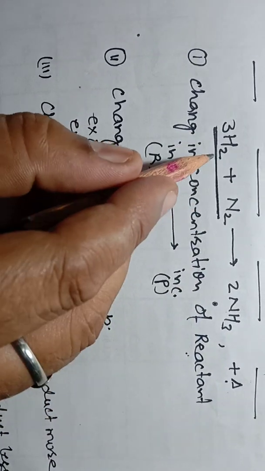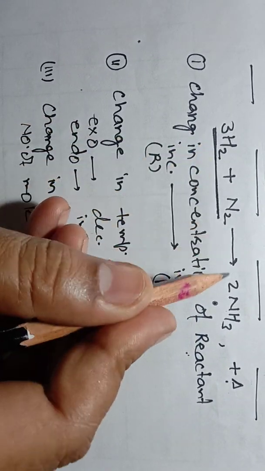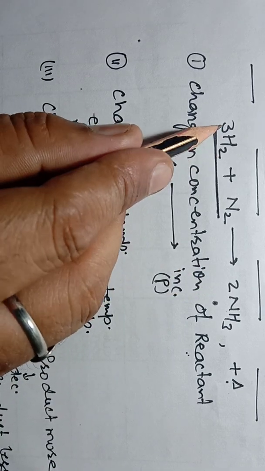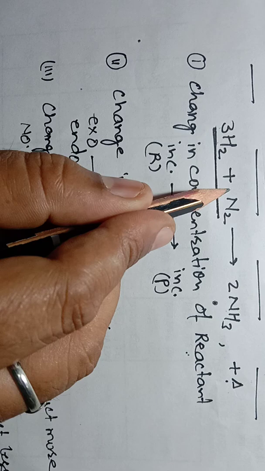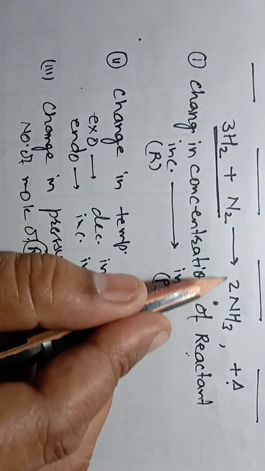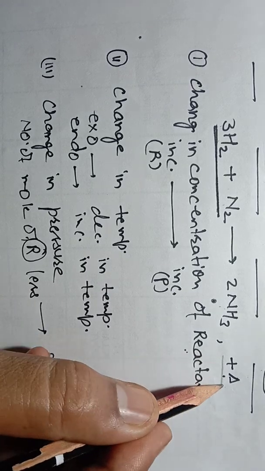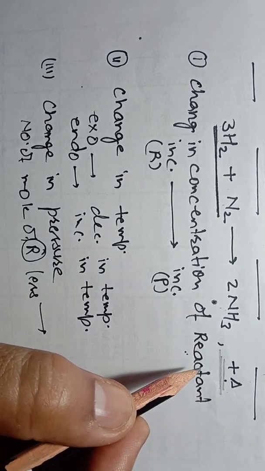For example, in ammonia formation, in Haber's process, 3 volumes of hydrogen and 1 volume of nitrogen react and form 2 volumes of ammonia, and the reaction is exothermic in nature.